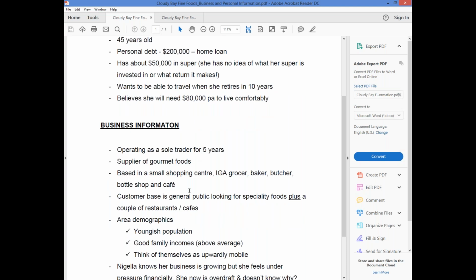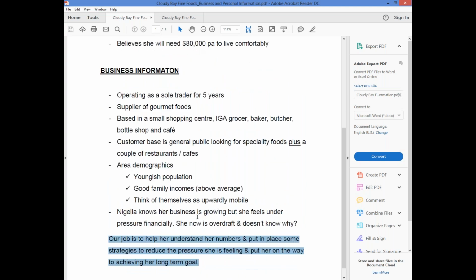A little bit more background about her business. This is the key part for us today. Nigella's business is growing, and we'll look at her financials to see if that's the case, but she's really feeling under pressure financially. Not sure if any people out there have felt that, but we've certainly seen businesses that are growing quickly and profitably still be under pressure financially.